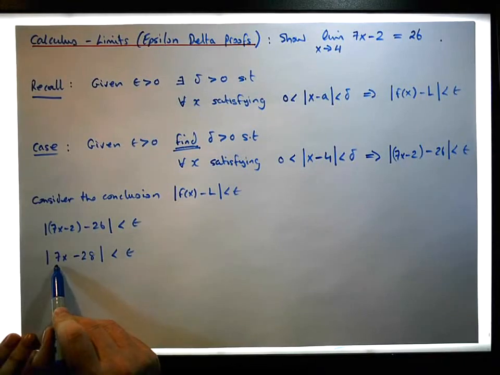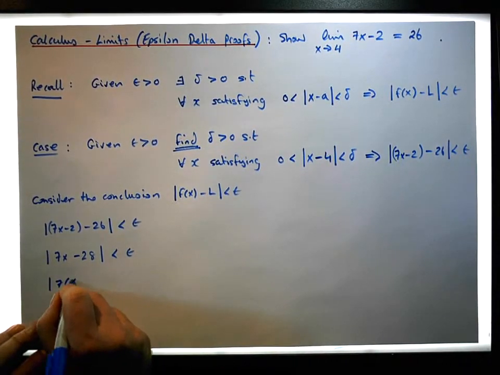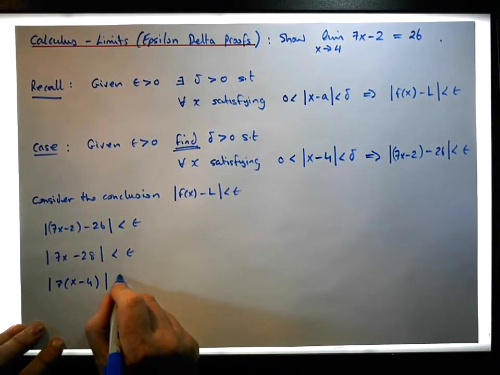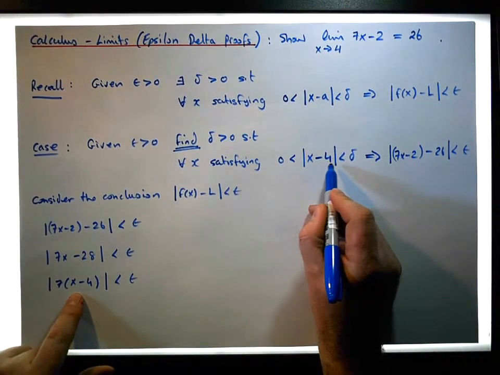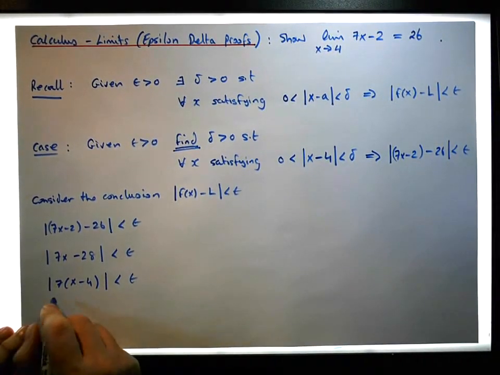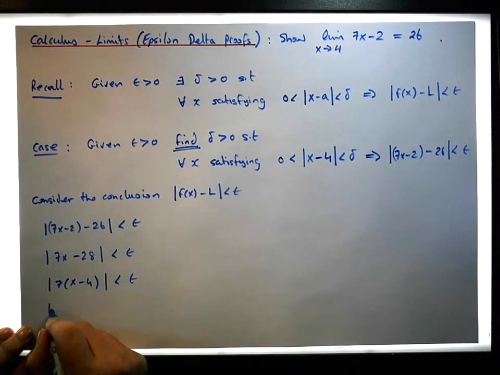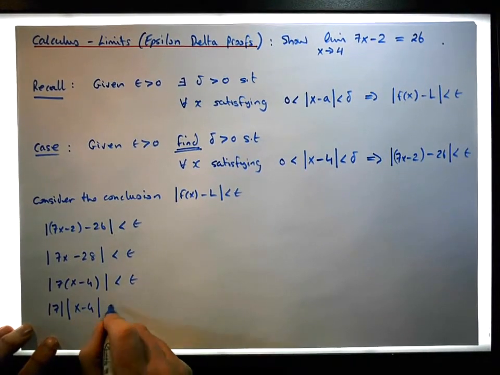We can see that there's a common 7 across here, so this is 7 times x minus 4, since 4 sevens is 28, and it must be less than epsilon. Wow, now we're nearly there. We nearly got x minus 4. The absolute value of 7 times x minus 4 is the same as 7 times the absolute value of x minus 4, and that must be less than epsilon.